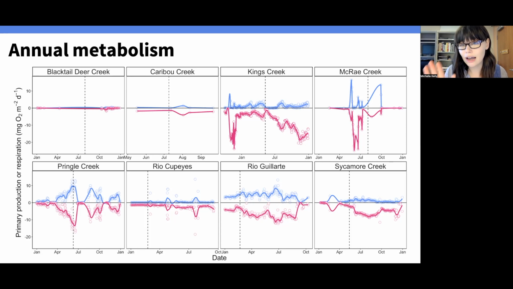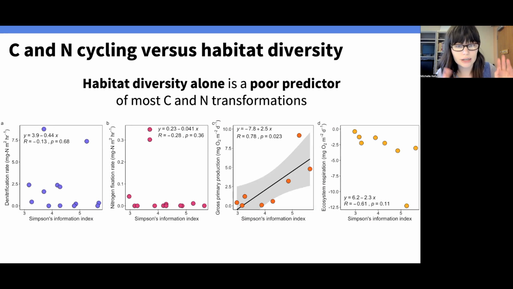So looking at how carbon and nitrogen cycling correspond to habitat diversity, on the x-axis we have our Simpson's Information Index, which as that number increases, represents greater habitat diversity. And then on the y-axis, we have either denitrification rate, nitrogen fixation rate, gross primary production, or ecosystem respiration.